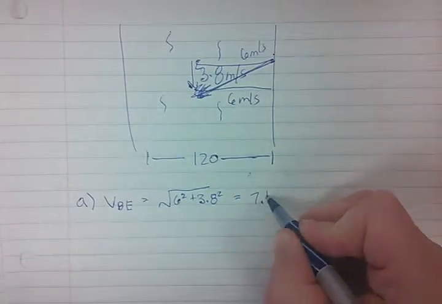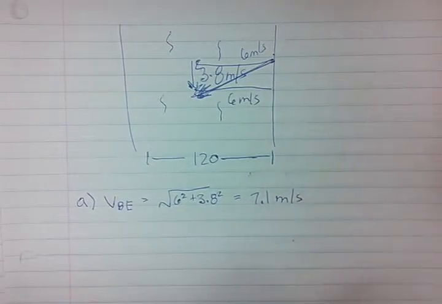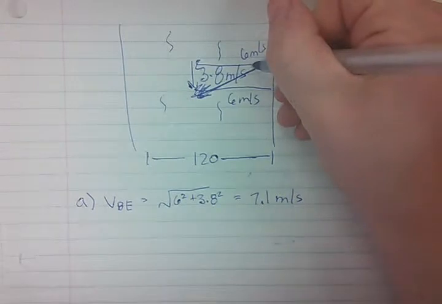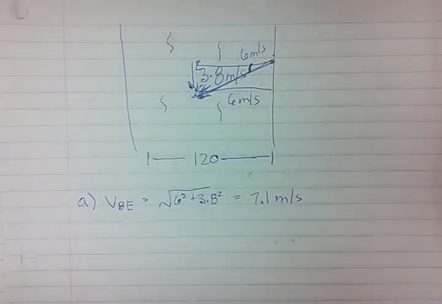And that should be 7.1 meters per second. Now we still want to find the angle, and we want to find the angle relative to the horizontal. That's going to be this angle here.